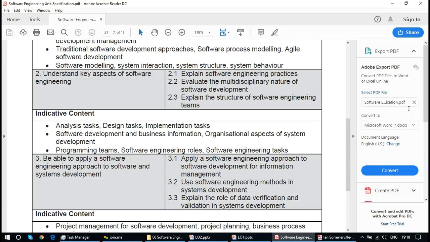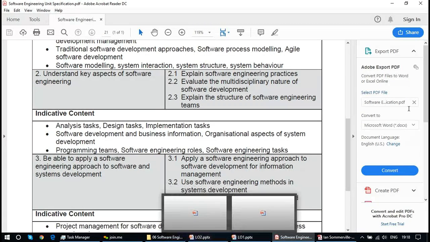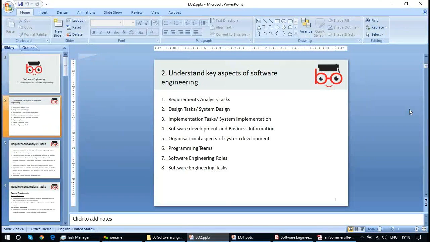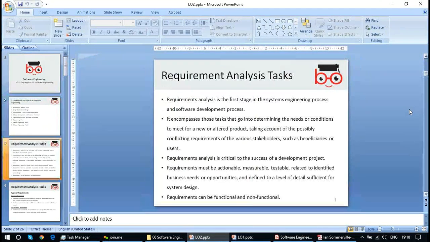This LO itself doesn't have any sequence of topics, to be honest. So let us cover again these words given in LO2, and I will show you a connected path for studying these topics in a sequence. Okay, requirement analysis task.